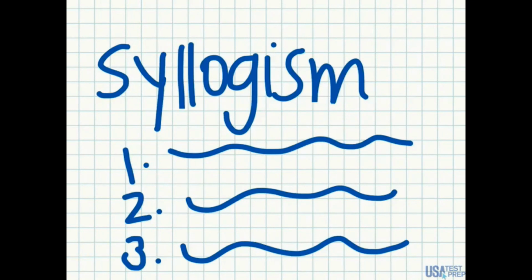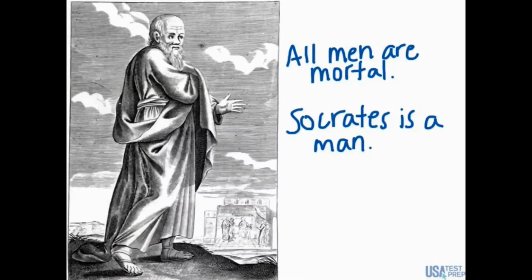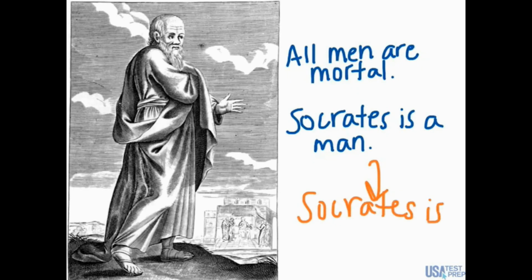One of the most common types of proof is called the syllogism. It is a 3-part logic statement. Here's an example from Socrates. Premise 1, all men are mortal. Premise 2, Socrates is a man. The conclusion is premise 3, that Socrates himself is mortal.